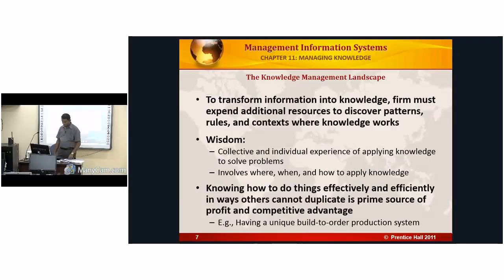When it comes to transforming information into knowledge, firms must expend additional resources to discover patterns, roles, and context where knowledge works.